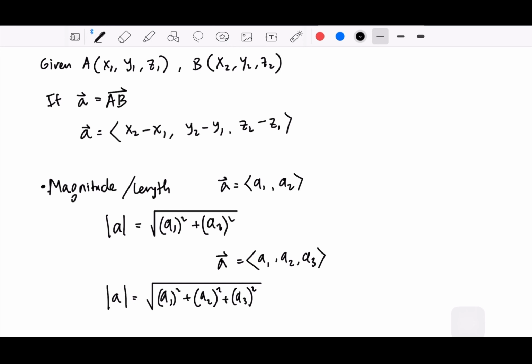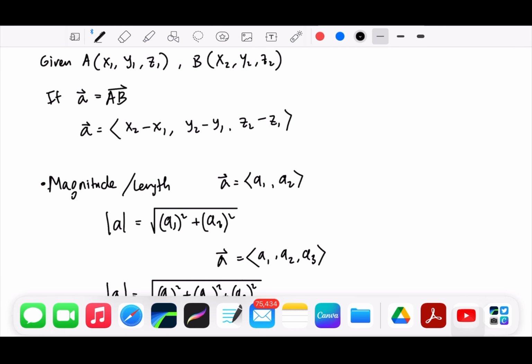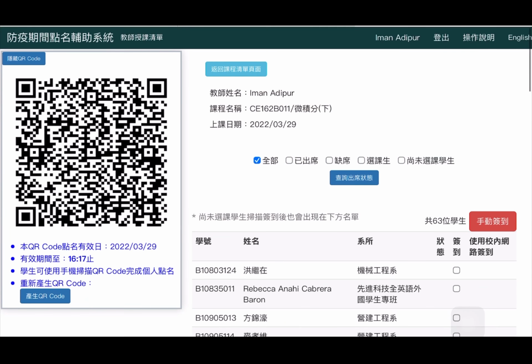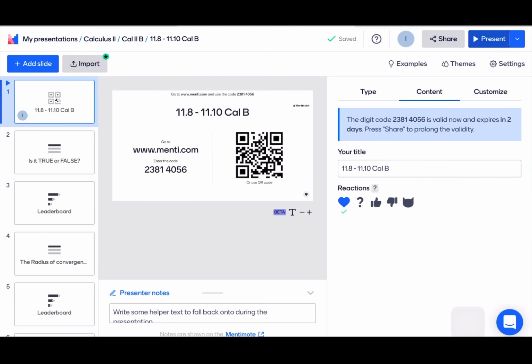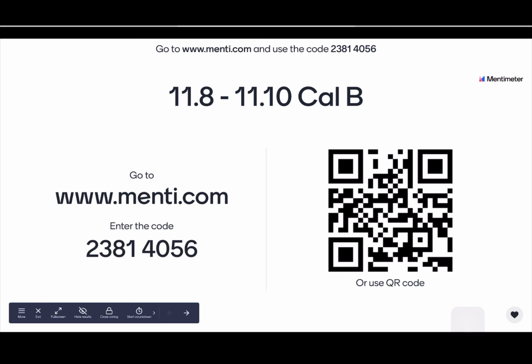Okay, let's check our understanding on chapter 11. This is also to check whether you are able to calculate or evaluate the questions, and I think also to check your limit of time.